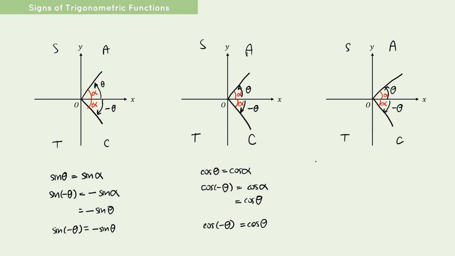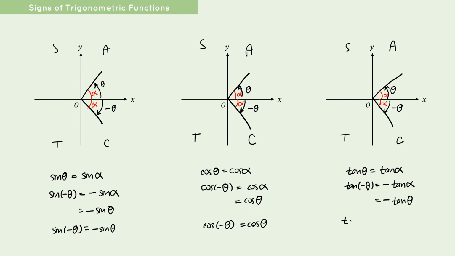So if we consider tangent theta, it will be the same as tangent alpha. Both are acute. If we consider tangent negative theta, we can see that in the fourth quadrant, tangent is negative, so we have to take the negative of tangent alpha, and negative tangent alpha is negative tangent theta.